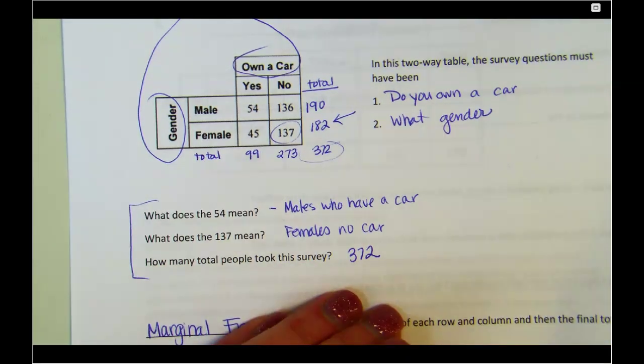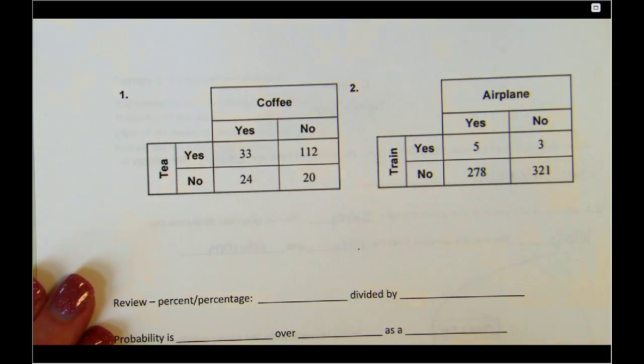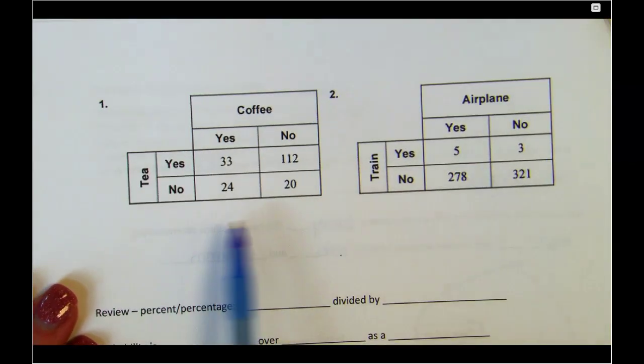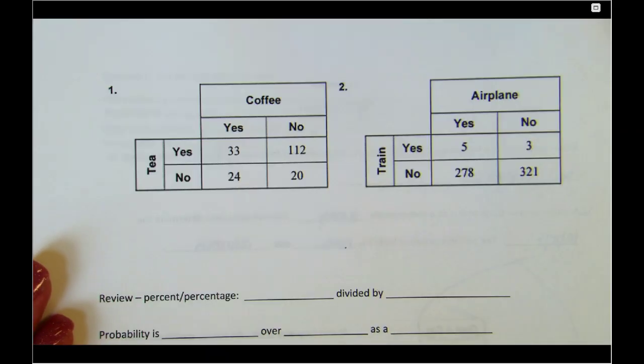Okay, so what I want you to do is flip it over. What we've got here, I'd like you to find the marginal frequencies for both of these, which are the ones around the outside. Okay, that's all that means. It's a big word, but marginal frequencies.